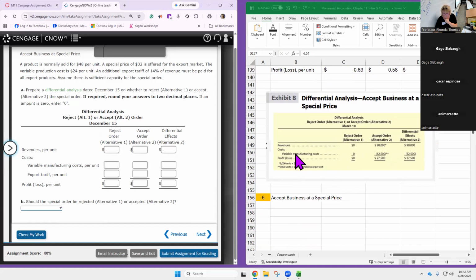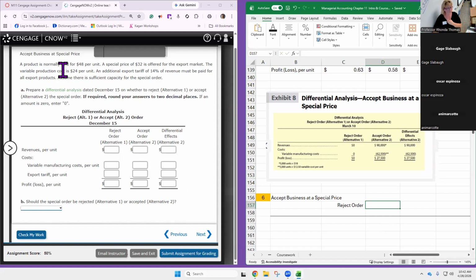So for instance, we have revenues, costs, and profit and loss. Let's put, and this is going to be to reject the order. Reject the order, that's going to be the norm because normally we don't sell at that price.